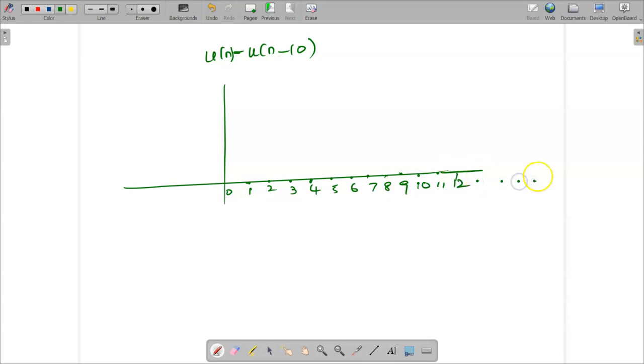Only the amplitude exists for 0 to 9. For 10 to infinity, all the values are going to be 0. This is what u of n minus u of n minus 10 is. Okay, thank you. Thanks for watching.